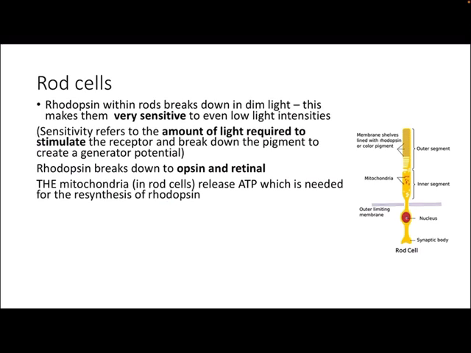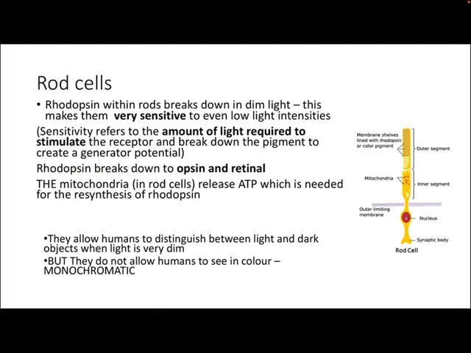The rhodopsin breaks down to opsin and retinal, and the mitochondria found in the rod cells release ATP for the resynthesis of the rhodopsin. The benefit of rod cells is that they allow humans to distinguish between light and dark objects when light is very dim, but they do not allow humans to see in colour, so they are described as being monochromatic.